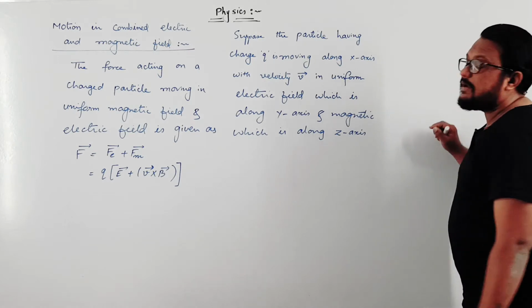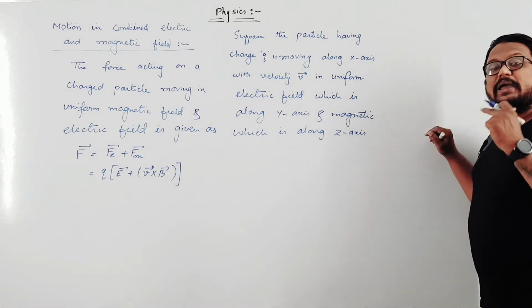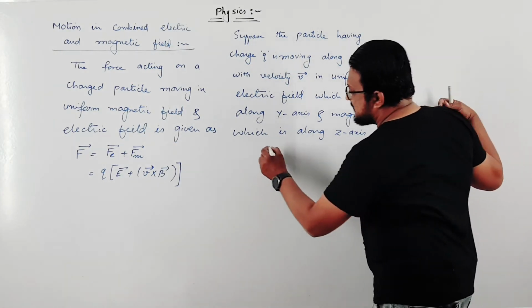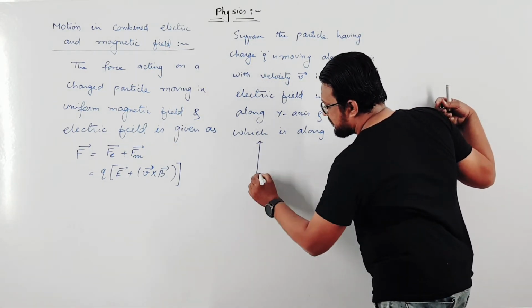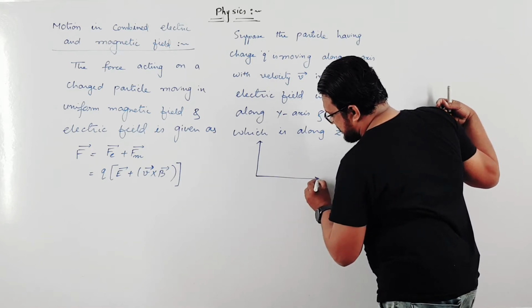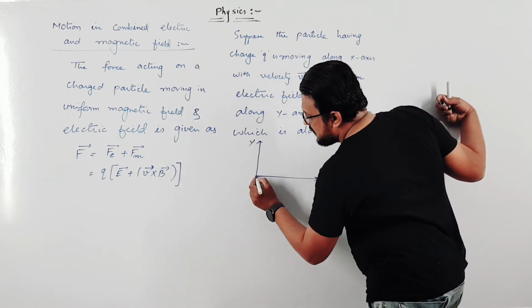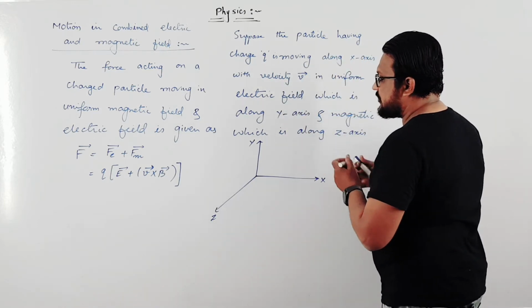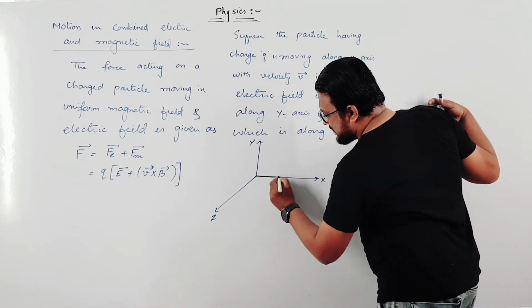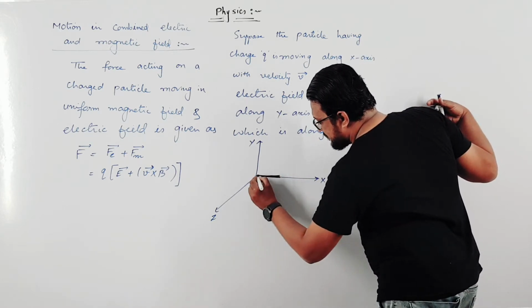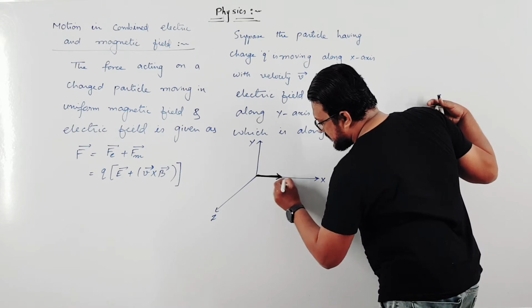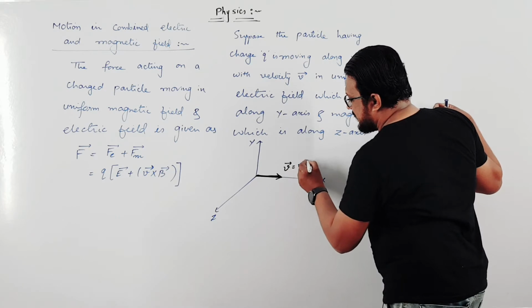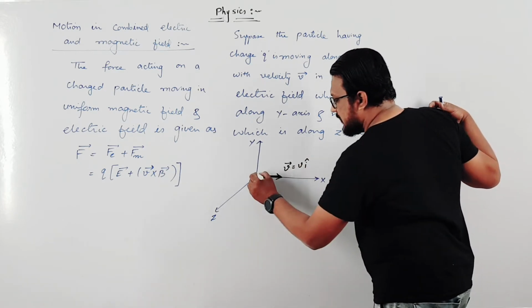So here we have assumed that the particle is moving along the x-axis, the magnetic field is along the z-axis, and the electric field is along the y-axis. If we draw an xyz coordinate system, let us say this is the x-axis, this is y, and this is our z-axis. In this case the particle is moving along the x-axis, so this is the direction of velocity. So you can say that velocity v is v i cap, because it is along the x-axis.